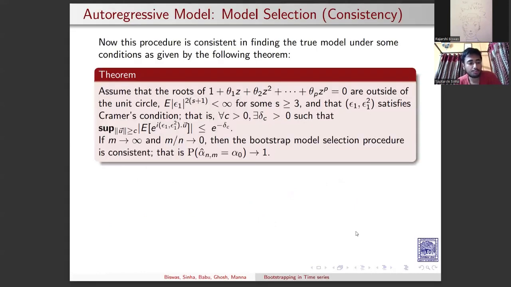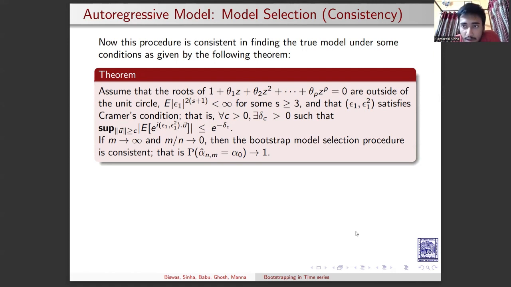Now, to prove that this method is consistent, we require the following theorem. Assume that the roots of 1 plus theta_1 z plus theta_2 z squared up to theta_p z to the power p equals 0 lie outside of the unit circle in the Argand plane, which basically implies that our time series is stationary. And epsilon_1 is 2s plus 1 integrable with s greater than or equal to 3.